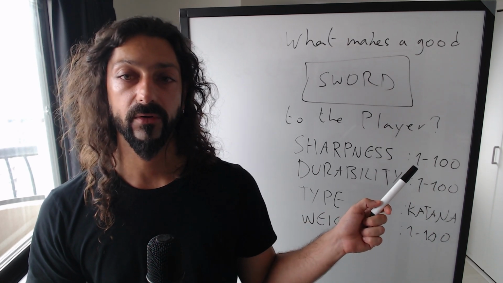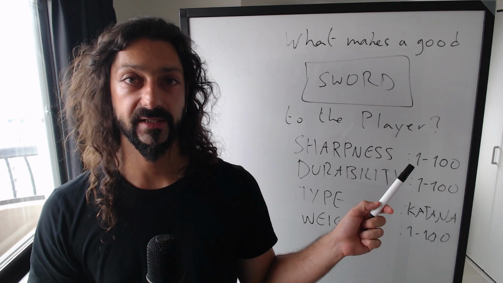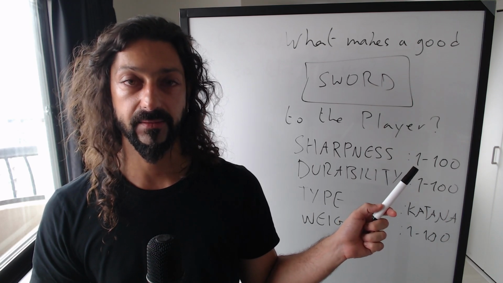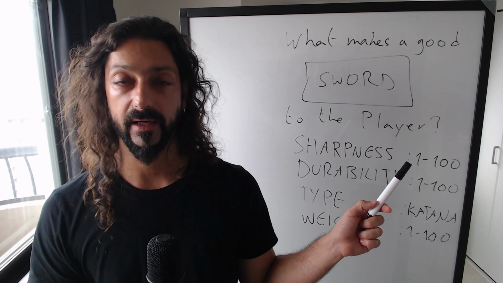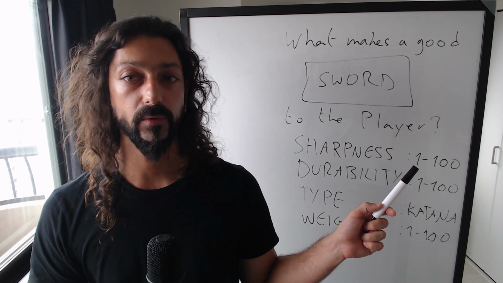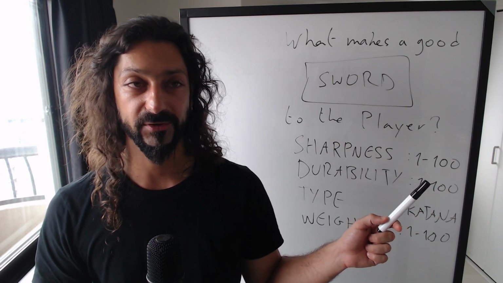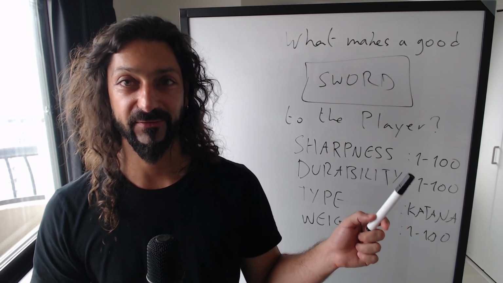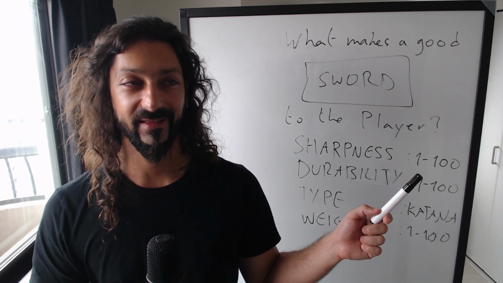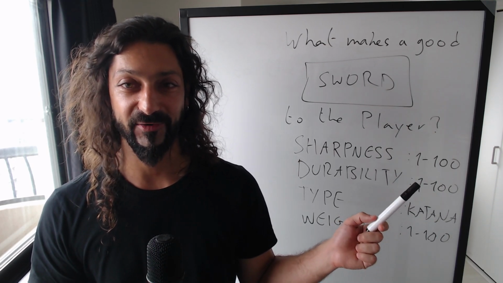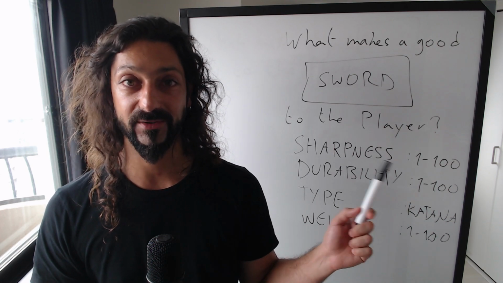So if all the weapons had sharpness that's not decimal, but it's in increments of 10, then we wouldn't need to go from 1 to 100, right? We could go from 1 to 10. So if all swords have sharpness of 30, 40, 50, 60, and so on, then that last 0 is not really necessary, and we can cut it and have sharpness from 1 to 10.